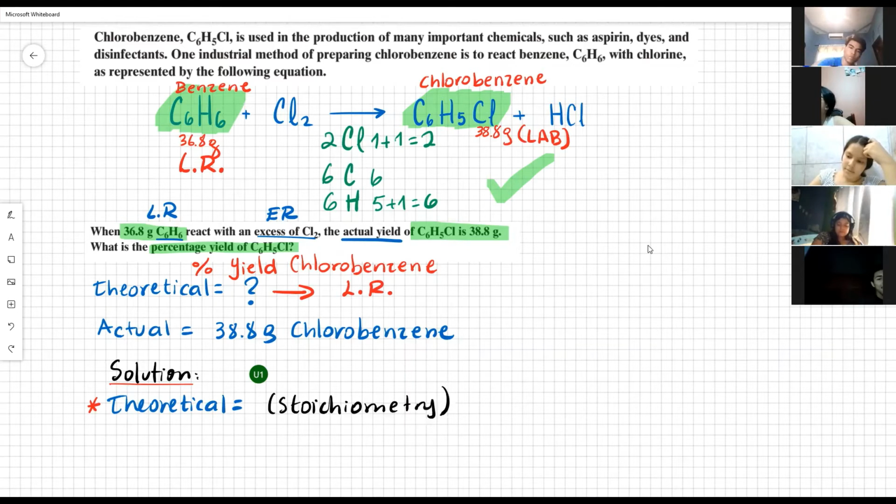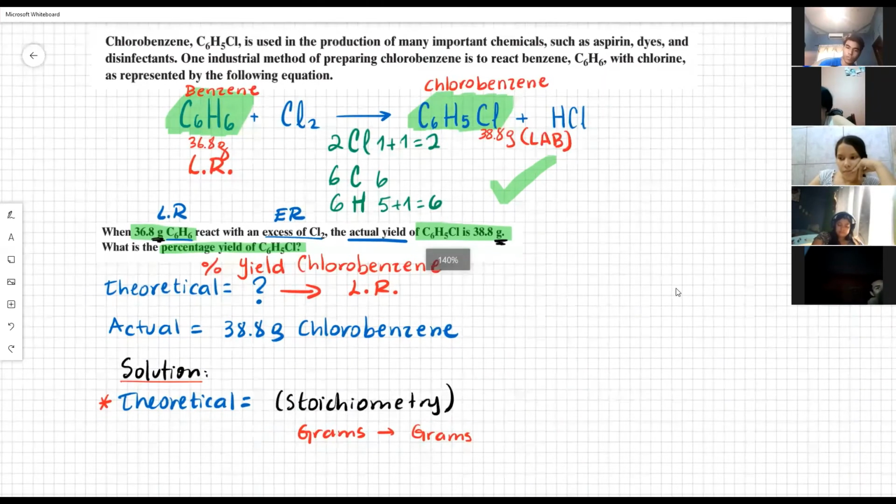To know what kind of stoichiometric process you need to use, you need to see the units. They are giving you grams, and they are also relating grams. Okay, so the stoichiometric process that you will do here is from grams to grams. Okay, a long process that I told you how to work with.